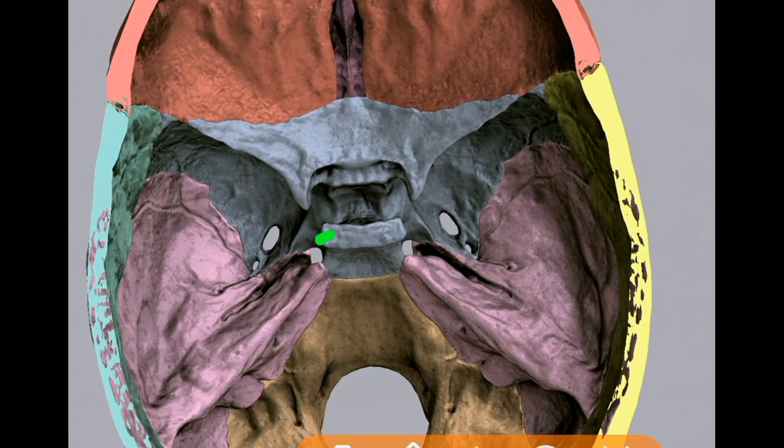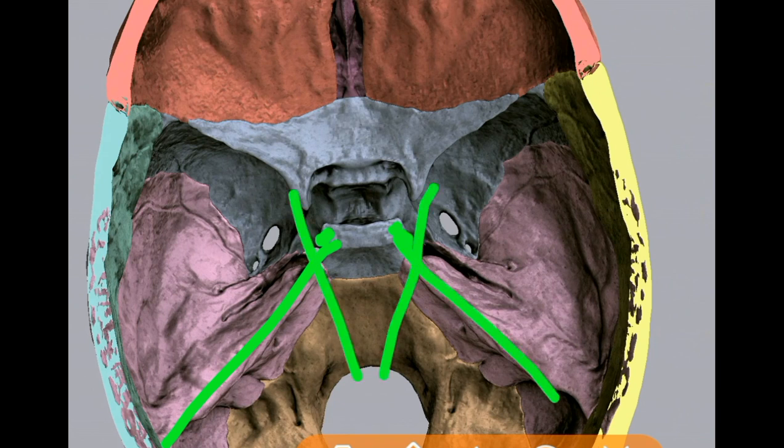If you look here, that is the posterior clinoid process, that is the attached margin of tentorium cerebelli, and here you can see the free margin, and that is a U. Within the cavity of the U, you will see the tentorial notch.